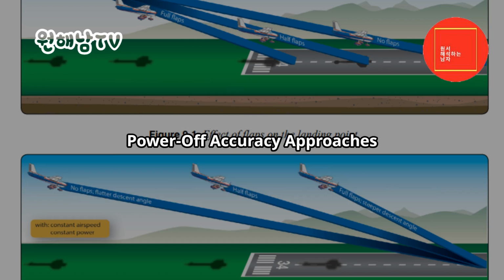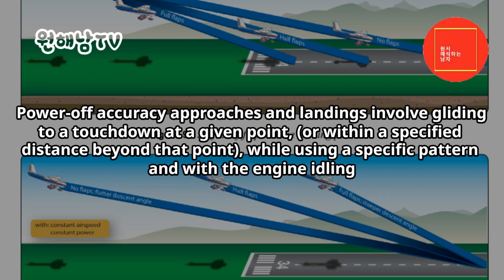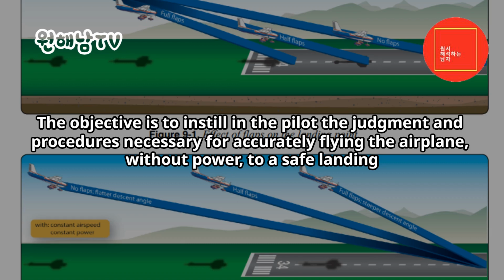Power-off accuracy approaches. Power-off accuracy approaches and landings involve gliding to a touchdown at a given point, or within a specified distance beyond that point, while using a specific pattern and with the engine idling. The objective is to instill in the pilot the judgment and procedures necessary for accurately flying the airplane, without power, to a safe landing.